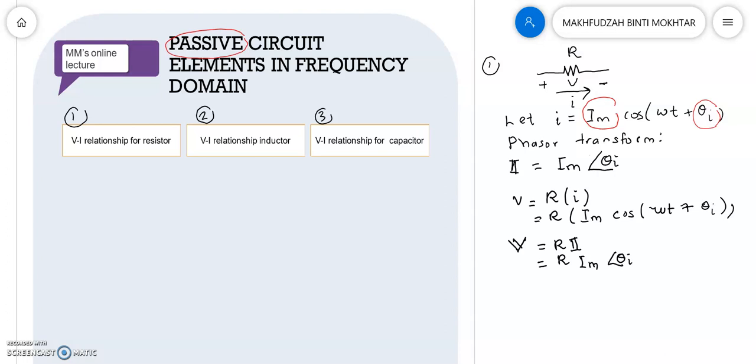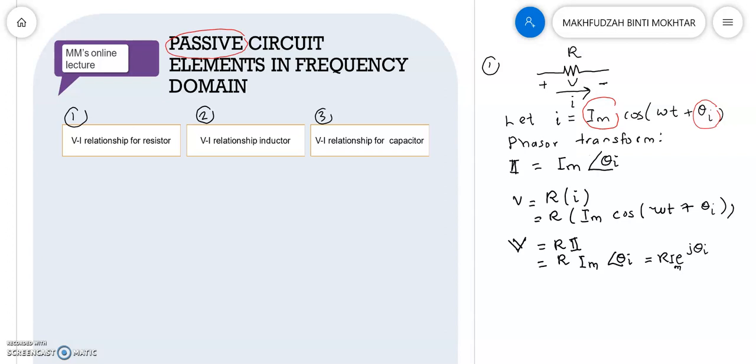Sometimes we can also write this as R multiplied with Im exponent j theta I. They are actually the same thing. Alright, so this is the VI relationship for the resistor.